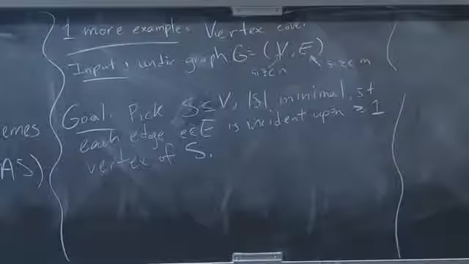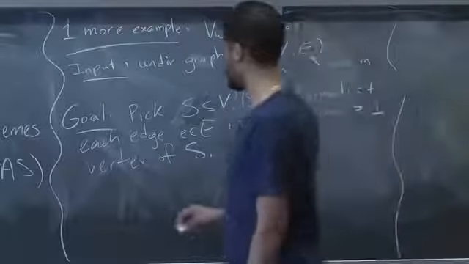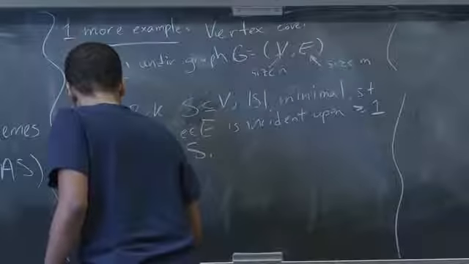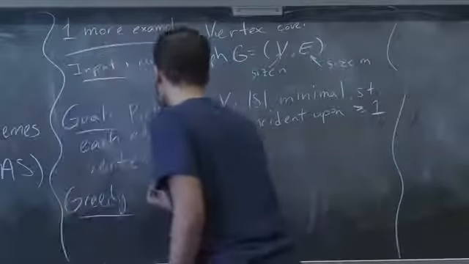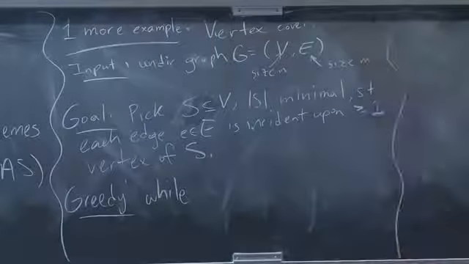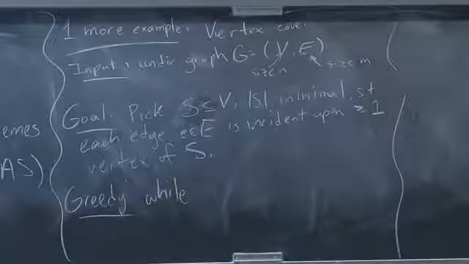So there's a greedy algorithm for this problem, which we saw in 124, but I'll write it again. And by the way, notice that vertex cover is actually a special case of set cover. Do people agree with me?